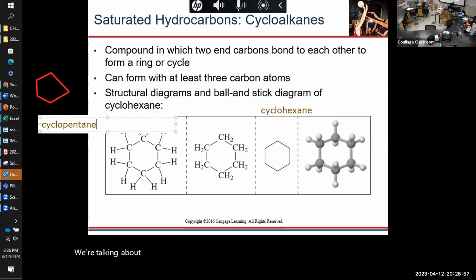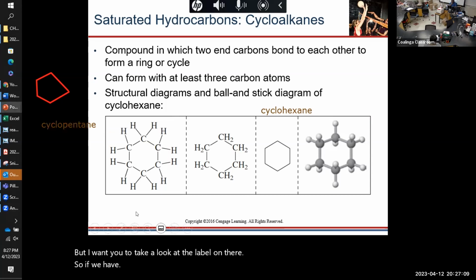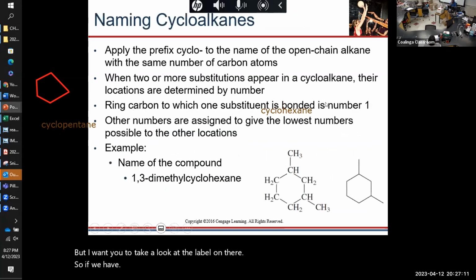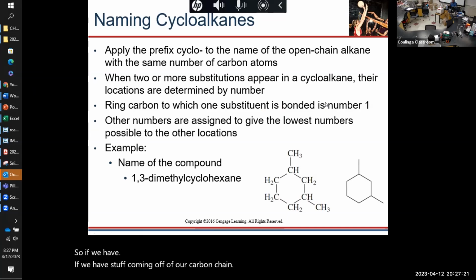But I want you to take a look at the label on there. Okay, so if we have stuff coming off of our carbon chain, or our carbon ring, we want to try to get the lowest numbers.